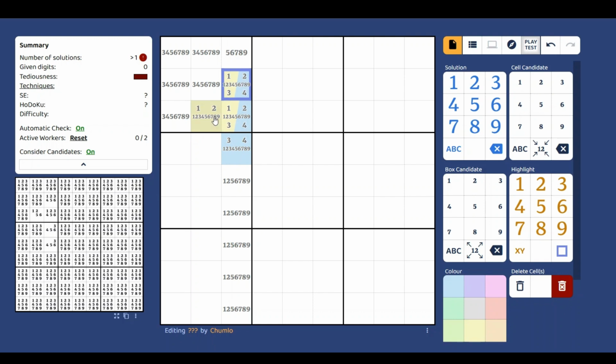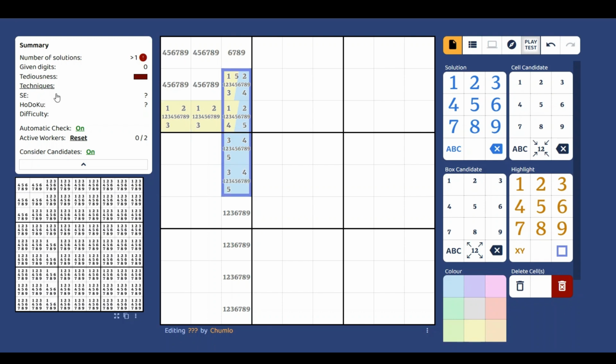So what this means is that any candidate that is not one of these hidden candidates can be eliminated from the cell. So in this one, we could eliminate everything that's not a 1 and a 2. In this one, we can eliminate everything that's not a 3 or a 4. And in these overlapping cells, we could eliminate anything that's not a 1, 2, 3, or 4. So that's the simplest case of an AHS pair.